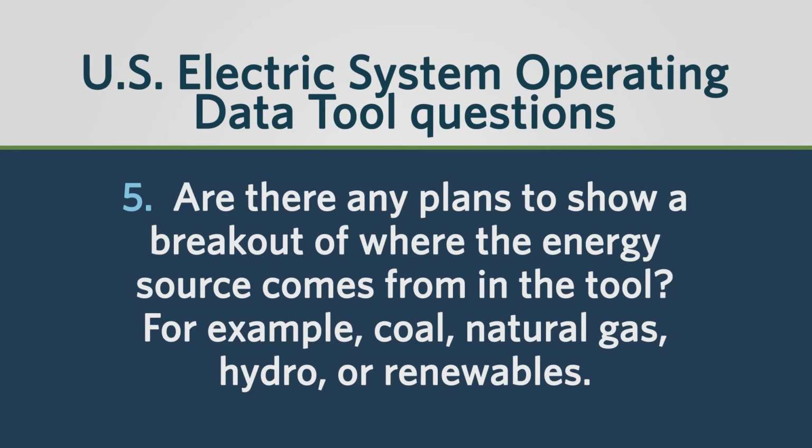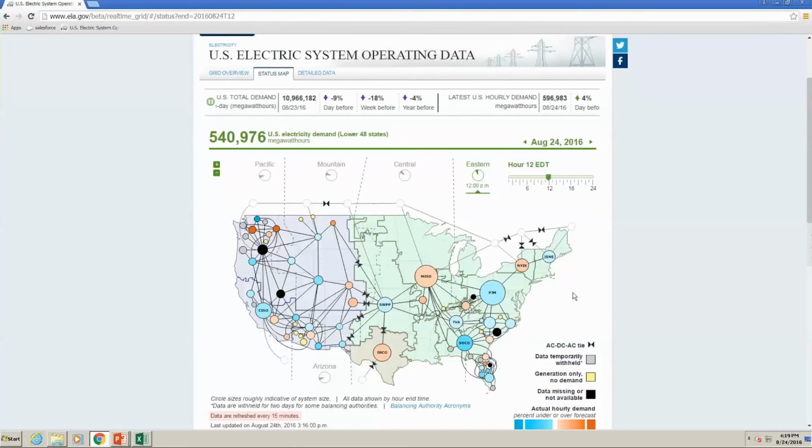Are there any plans to show a breakout of where the energy source comes from in the tool? For example, coal, natural gas, hydro, or renewables? So we're currently in the comment period for proposed revisions, a new clearance cycle for the 930.